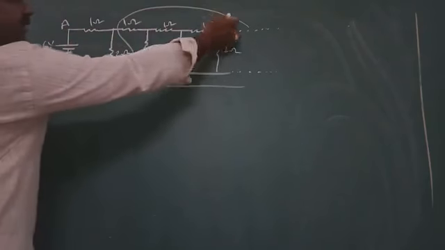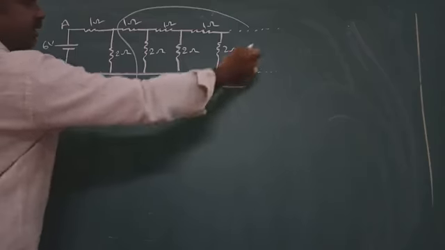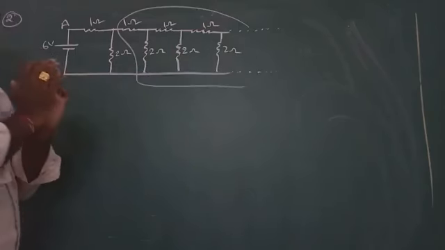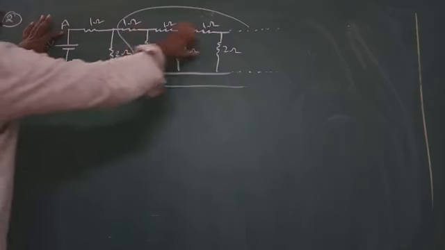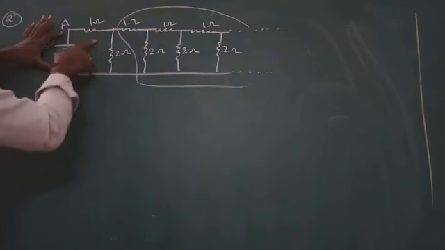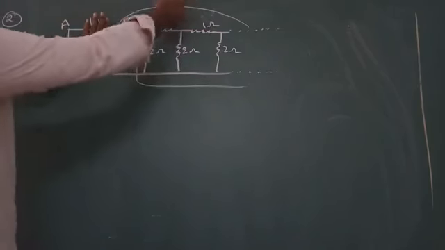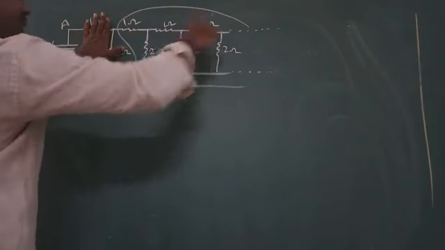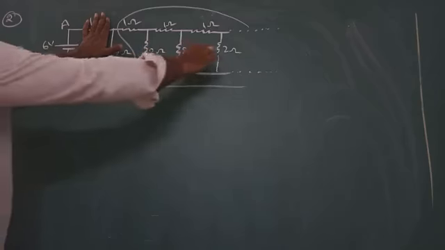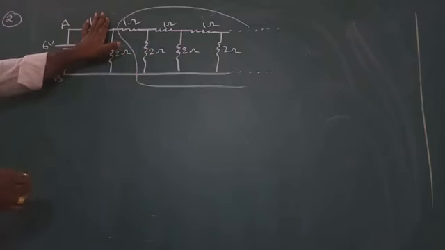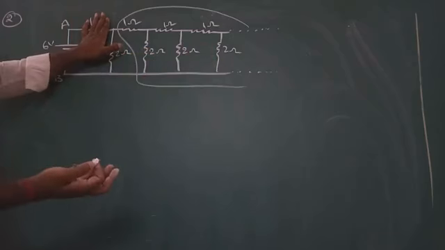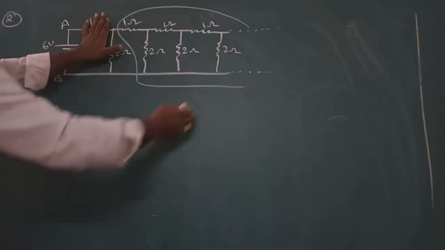So all these resistors in combination are treated as the effective resistance between A and B. If we remove all the 1 ohm and 2 ohm resistors, the connections are again an infinite ladder network, with no change in the effective resistance.